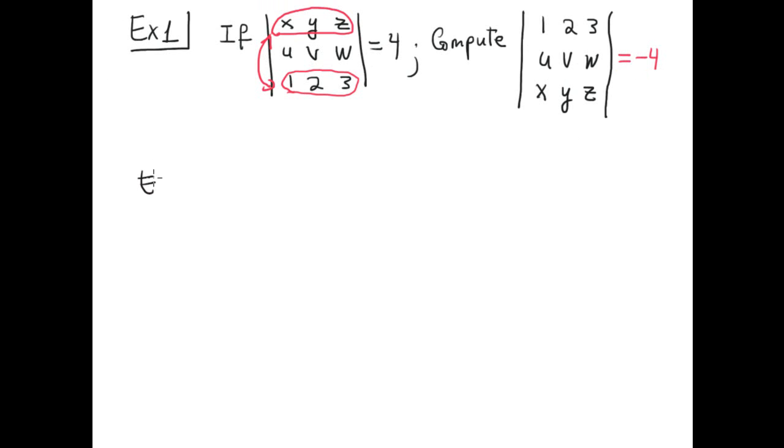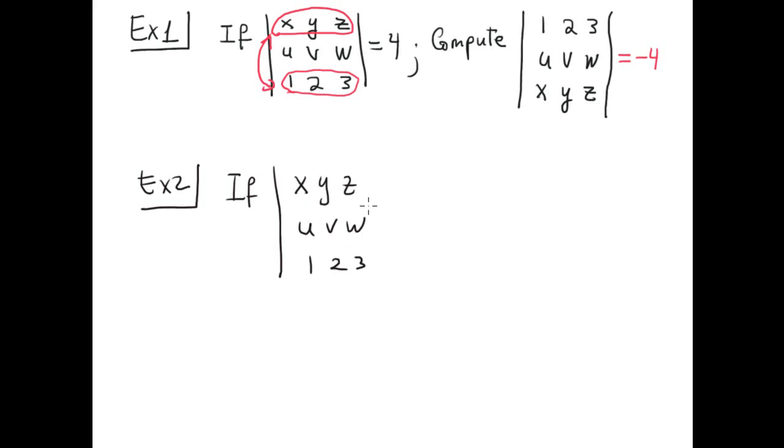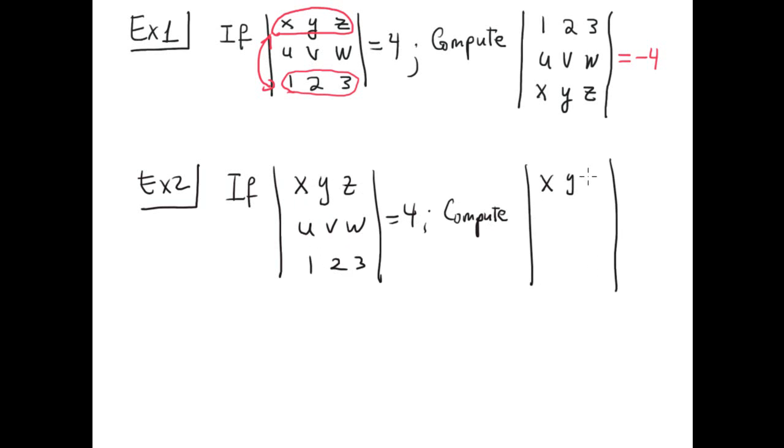Example 2. Suppose that we have this determinant. If this determinant is given, X, Y, Z, U, V, W, 1, 2, 3 is equal to 4. It's the same. But you need to compute now a new determinant formed by X, Y, Z, U, V, W, 2, 4, 6.